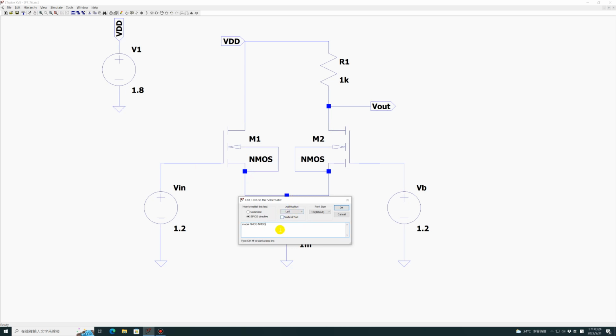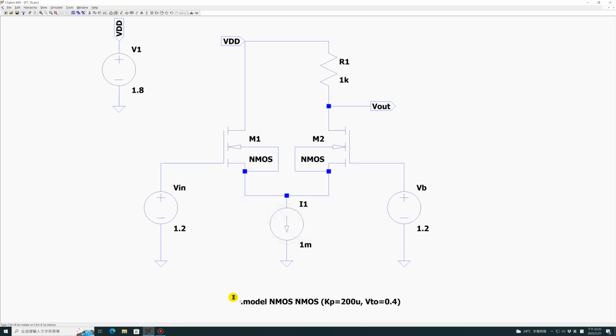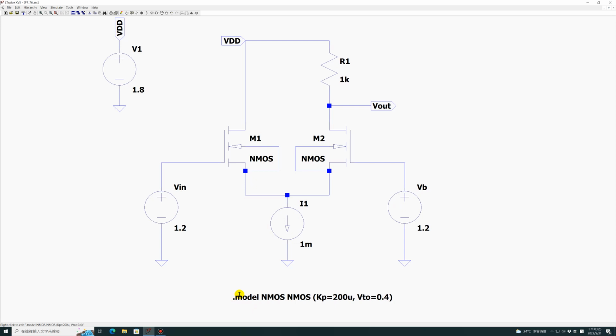This NMOS is really an NMOS, and the KP is 200 mu, as in the beginning of the problem. So it's 200 microamp, and VTO is 0.4, right? Now we define the NMOS, so that's 0.4. And lambda, of course, lambda is 0, so it's default. I don't have to model it.